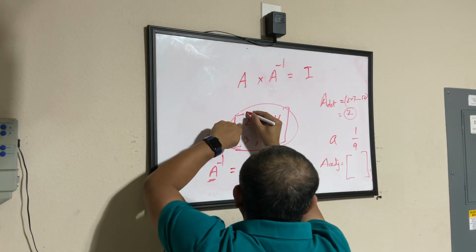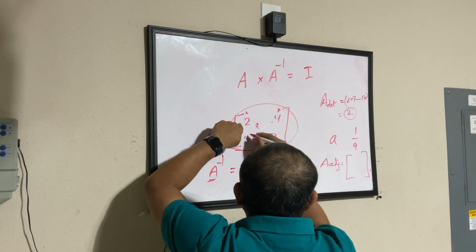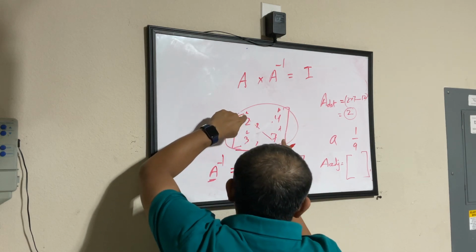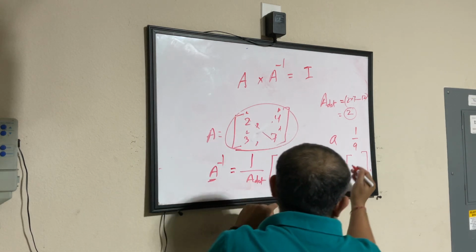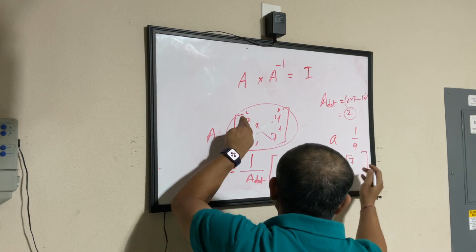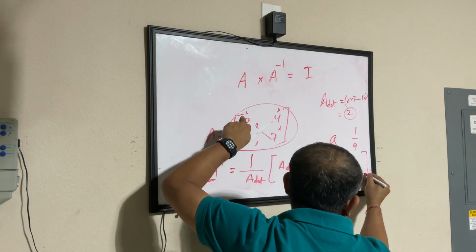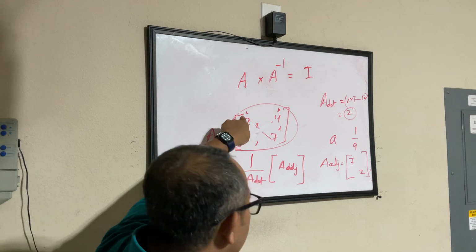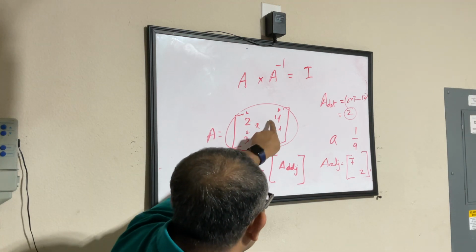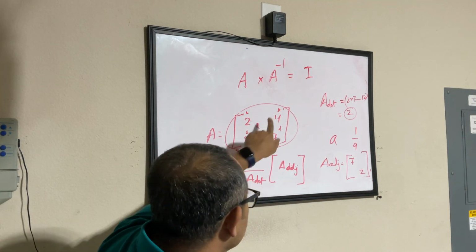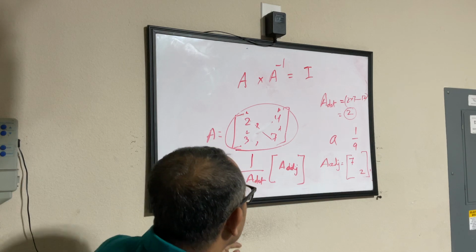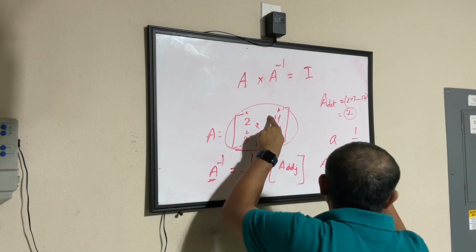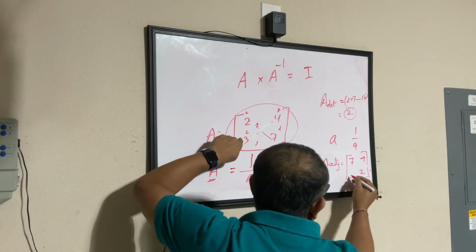So let's say this is A, this is B, this is C, and this is D. You will swap these two positions. So 7 from here goes to the top, 2 comes to the fourth place. And whatever you have in these two places remains in its own place, just that it gets multiplied by minus 1. So this becomes minus 4 and this becomes minus 3.